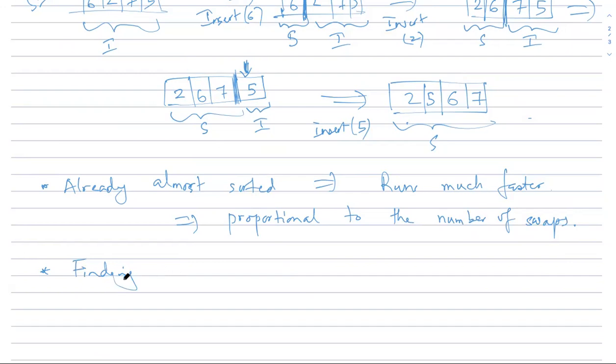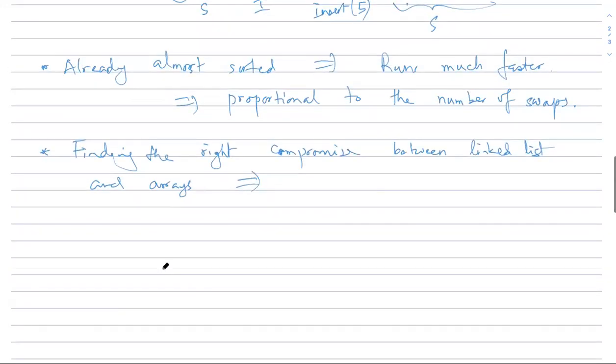And we also know that quadratic complexity is useless. So finding the right compromise between linked list and arrays is the following.